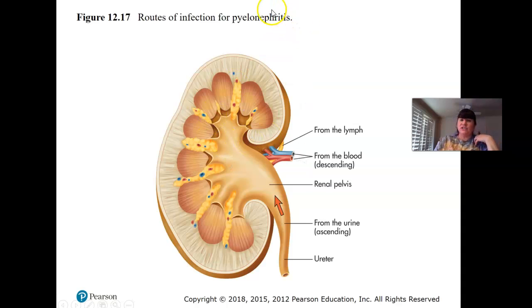Infection, yes. How can infection happen? If an infection is moving through here, we can get an infection. There's different ways, usually from the lower urinary tract, the ureters, into the renal pelvis. And again, we don't want that to happen. I've had several students who had a UTI and didn't go in to get it checked, and then it went to their kidneys.